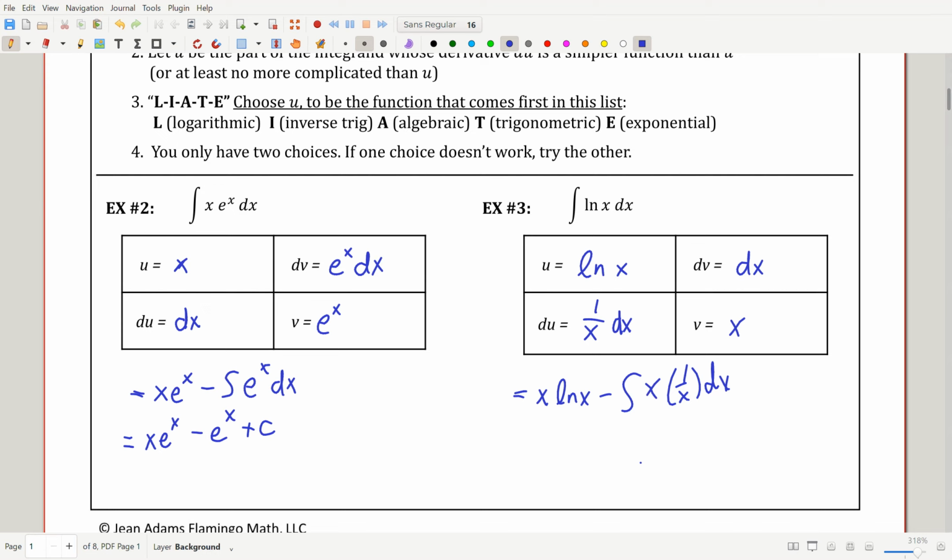In both of these examples, we've already done the integral already. We're repeating the integral. It's working out. So we end up with x ln x minus the integral of dx, which is just x. And we've integrated, so we get plus c. Cool. Not bad, right?